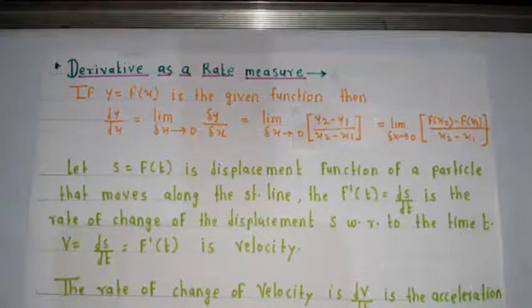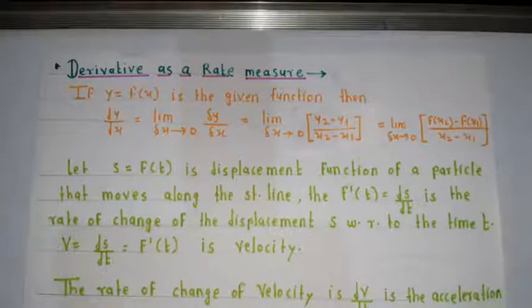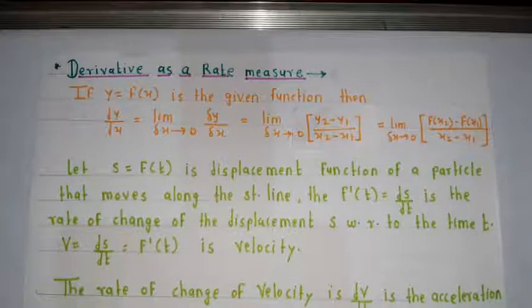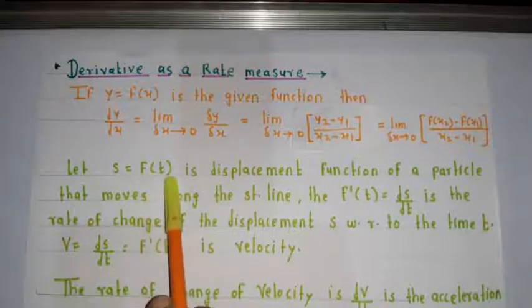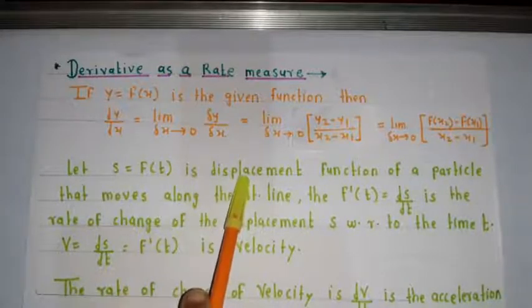Therefore, suppose dr by dt, where r is the radius and t is the time, then dr by dt indicates the rate of change of the radius with respect to time. Also suppose we have s equal to f of t as the displacement function.